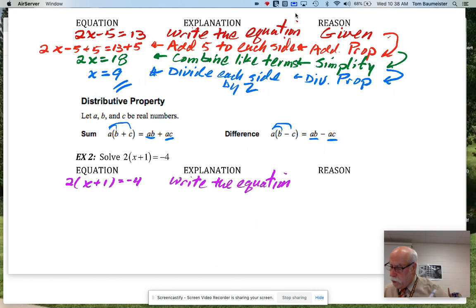And then our reason was given. All right. So again, we're going to think, what do I have to do next? Well, we're going to use the distributive property.